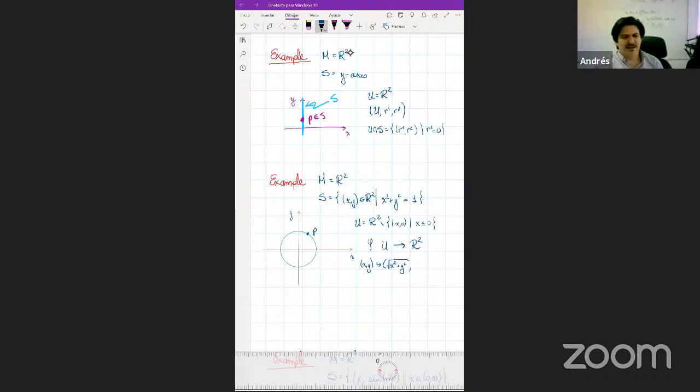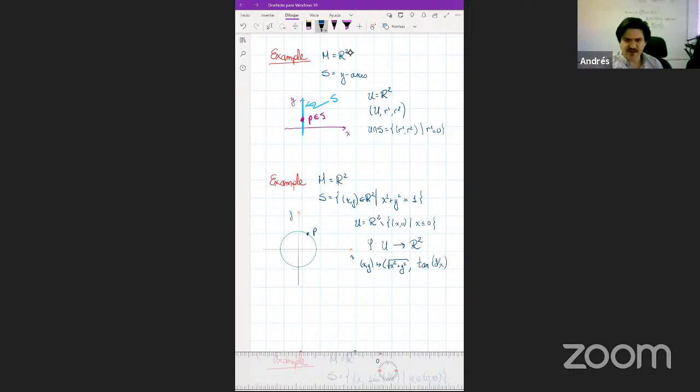And I don't remember the correct entry here. Is it just tangent? Well, I believe it's arctangent, and then also I have to maybe make U smaller to avoid the zero.